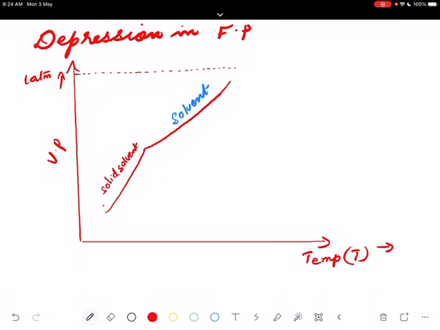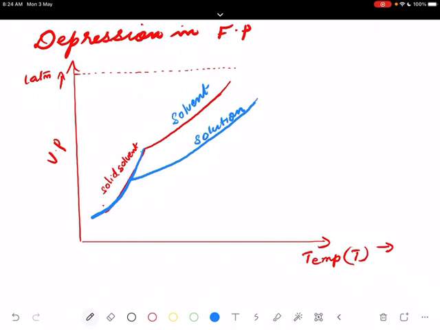So here, the solution line I am drawing, the solution line is always having a lower vapor pressure. The solution will freeze when the vapor pressure of the solution becomes equal to the vapor pressure of pure solvent.